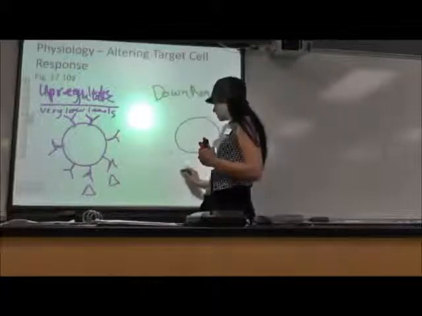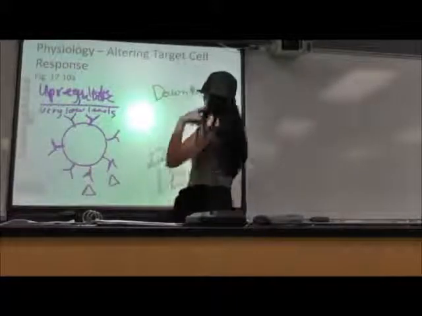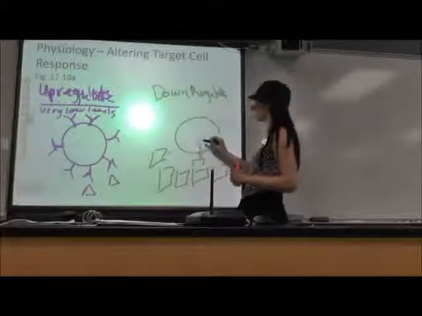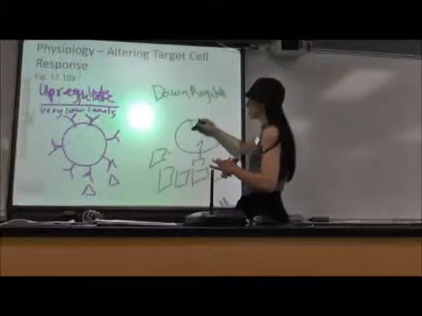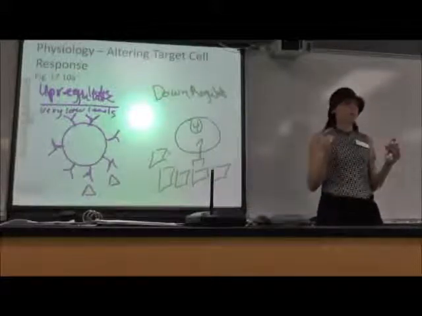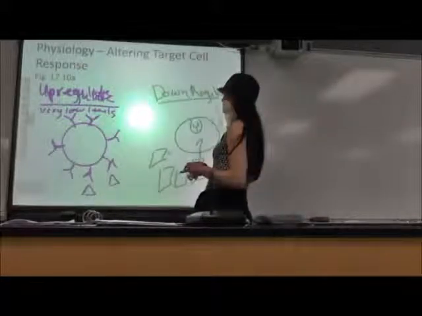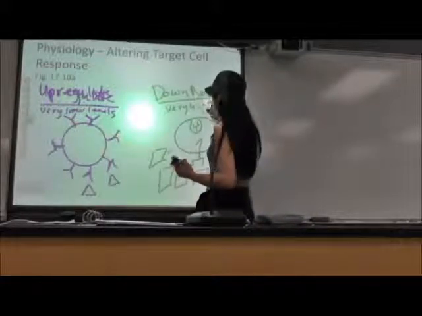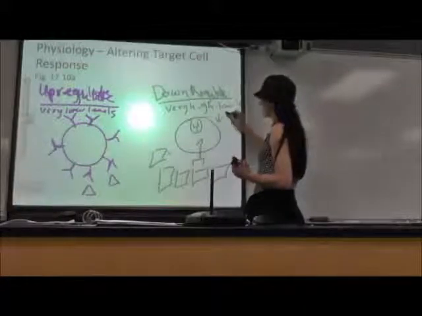So if we have just a ton of hormone present, let's say you're chronically stressed and you've got a whole bunch of cortisol out in the system, then the cell can actually pull its receptors in by receptor-mediated endocytosis, pulling them out of the plasma membrane, and that way the cell will stop being responsive to those hormones. So downregulation is going to decrease the sensitivity to a hormone. This would be in response to very high levels, and this would be to decrease the sensitivity.